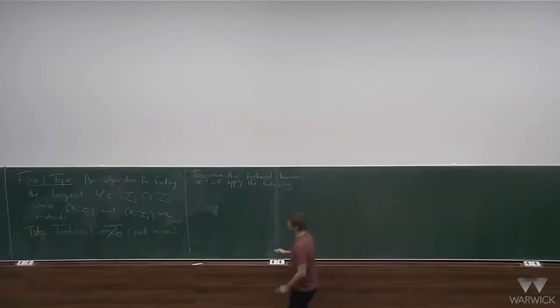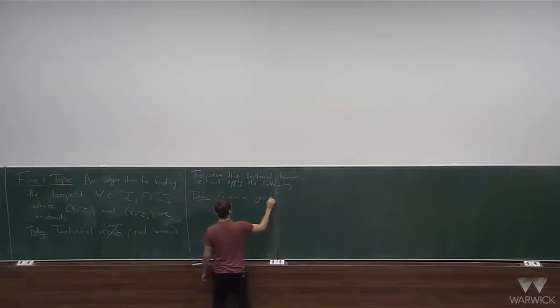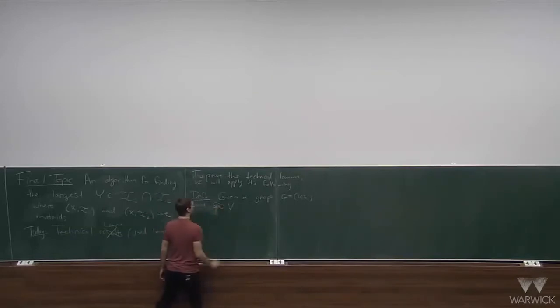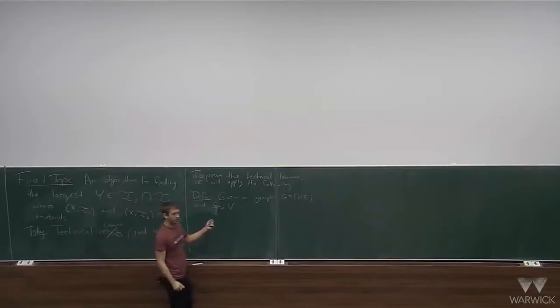Okay, so first, actually, I need a definition. So given a graph G, and a set of vertices, I'm not sure, maybe I've defined this before, but in any case, it's good to be reminded.